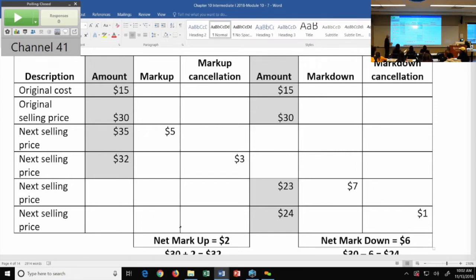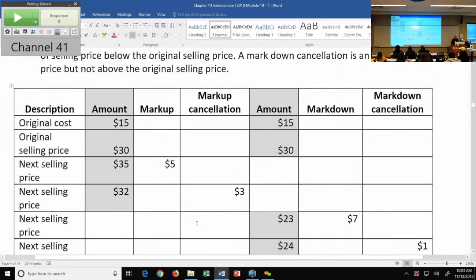If you reduce the retail price but not below the original selling price, it's not called a markdown but a markup cancellation. A markup cancellation reduces the selling price but not below the original amount. So the original amount is 30, then you mark it up 5, then you mark it down 3. So the net markup is 2 in this case.